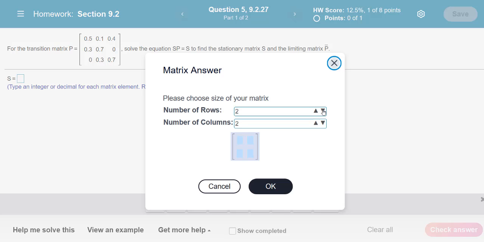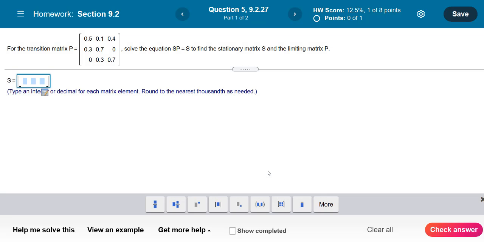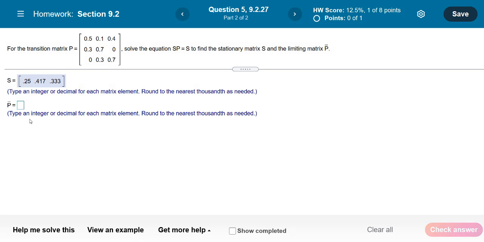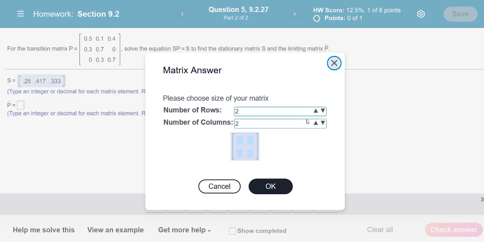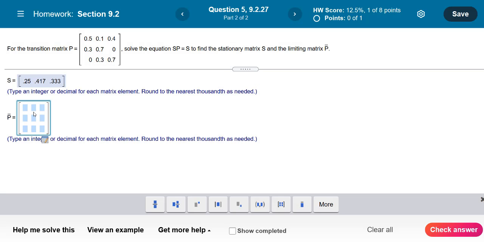So we'll have a 1 by 3 matrix. And as before, this will be the 3 by 3 matrix that has all the rows identical to what we just typed.